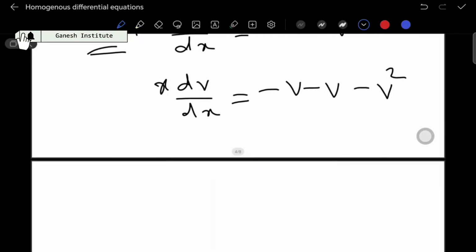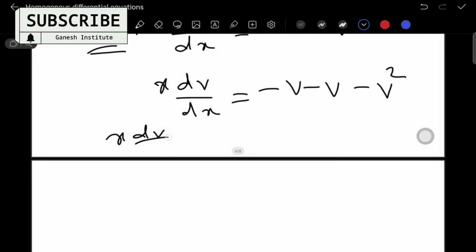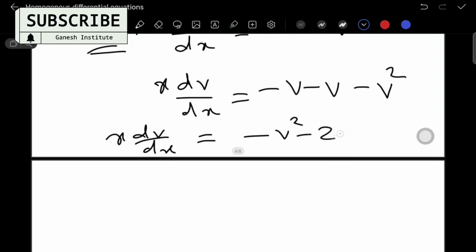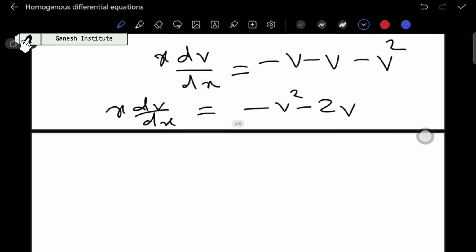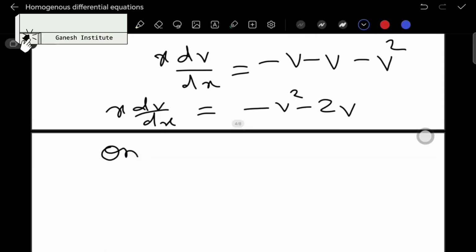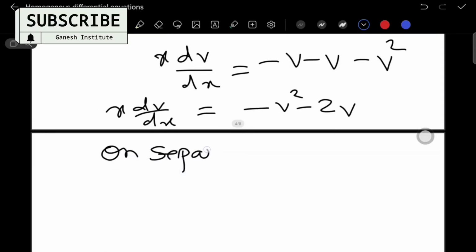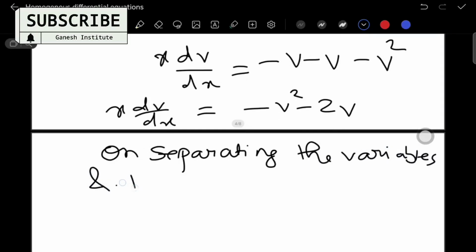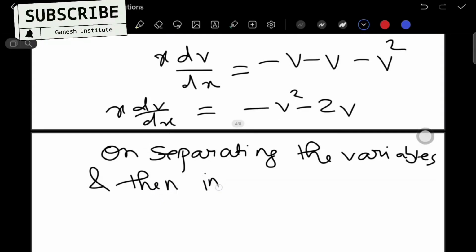So you've got x dv by dx equals minus v square minus 2v. Now can you separate the variables? Yes, now variables can be separated. So on separating the variables and then integrating them, we know how to do it.